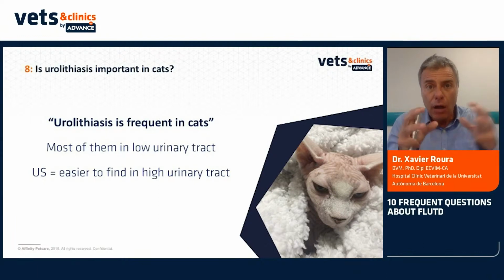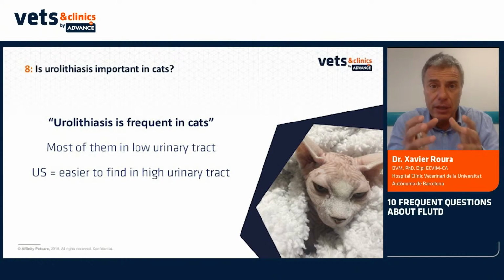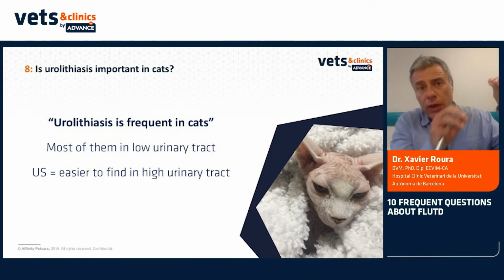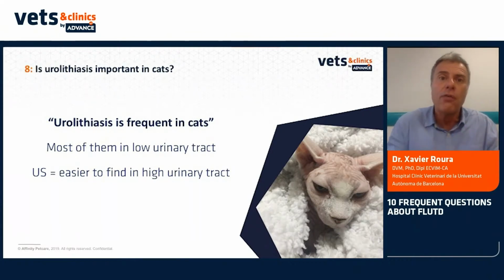So we find uroliths that are formed in the bladder, but we can also find uroliths that were formed in the kidney and go down through the ureter to the bladder. When we need to look for uroliths in the upper urinary tract, ultrasound is more useful for diagnosis, but their presence there is less frequent than in the lower urinary tract.